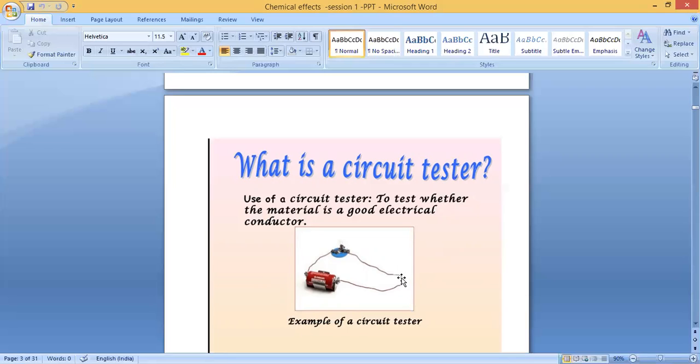Some materials will allow the current to pass through them, the circuit will be complete, the path will be complete, and the bulb will glow. But if you keep a wooden piece or a plastic scale, the current will not pass through because they are insulators, and the bulb will not glow. Clear?